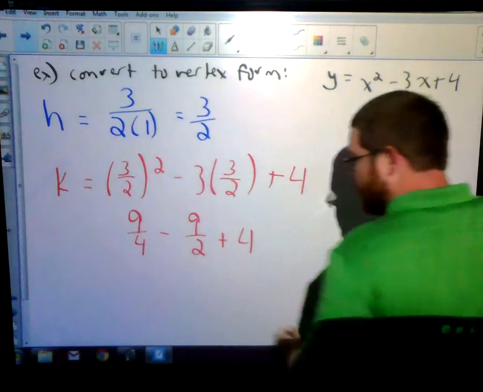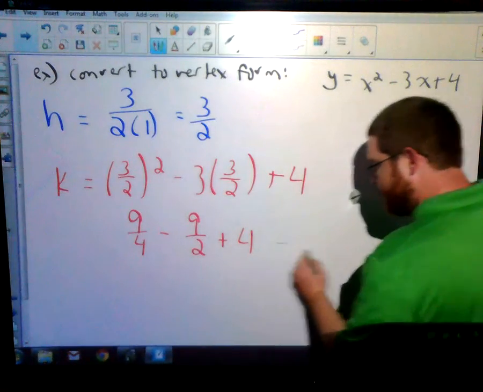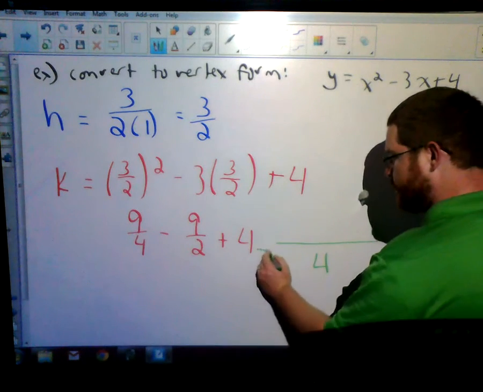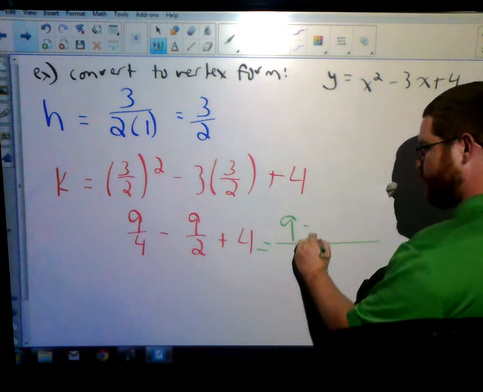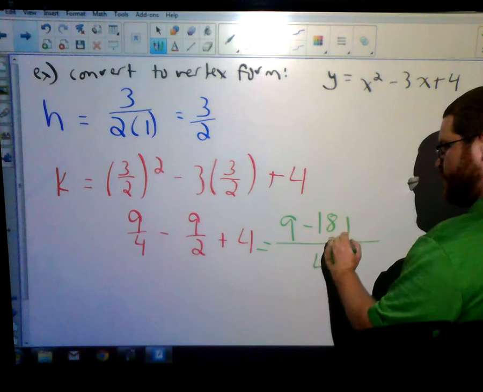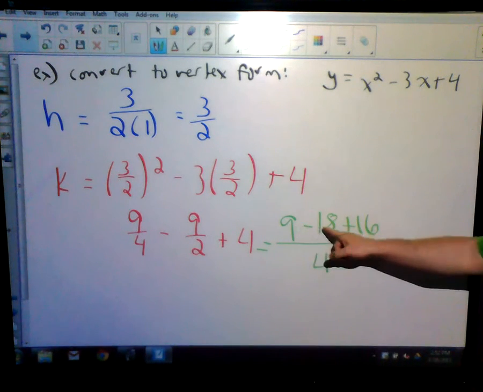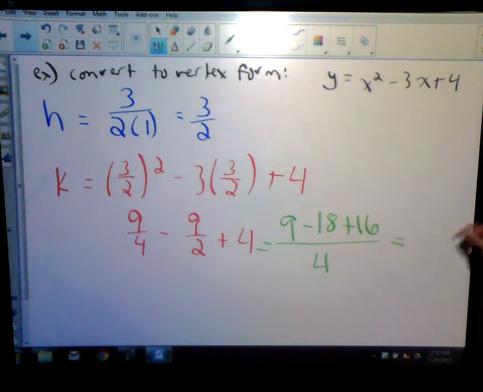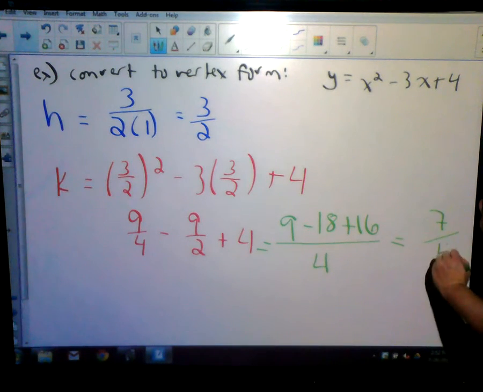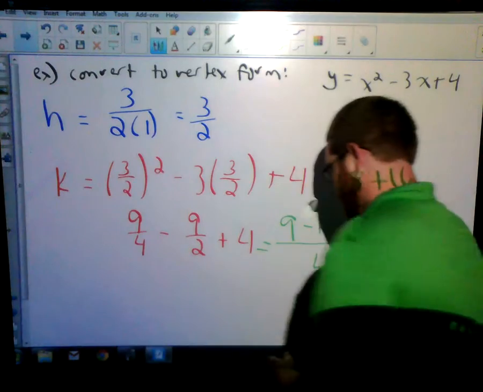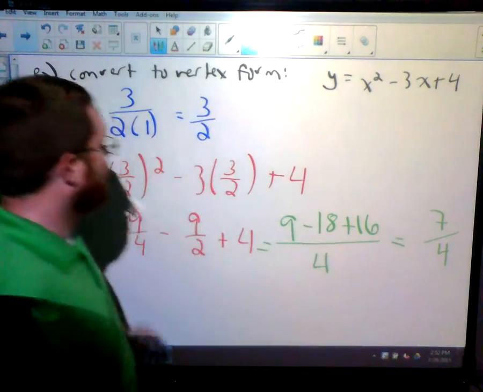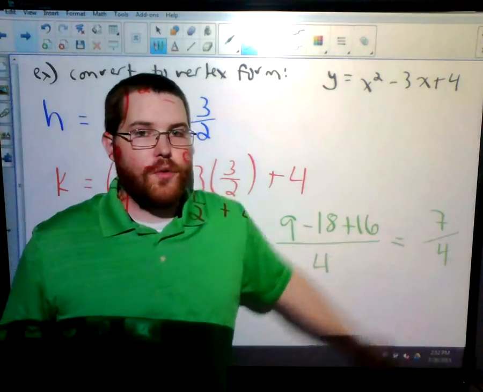What's a common denominator for 4, 2, and 1? 4. So that's 9/4 minus 18/4 plus 16/4. That's minus 9 plus 16 is 7/4. So my vertex is 3 halves and 7/4.